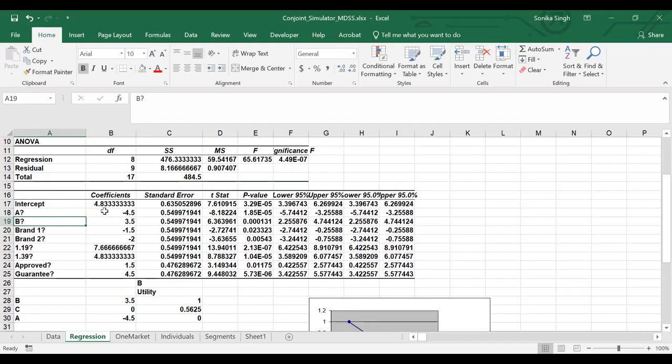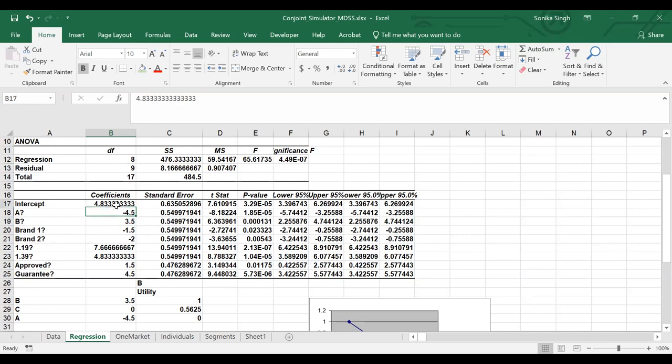So if we see a number negative 4.5, the way to interpret this is that the consumer derives a lower utility from design A as compared to design C. This individual derives a higher utility from design B as compared to design C.